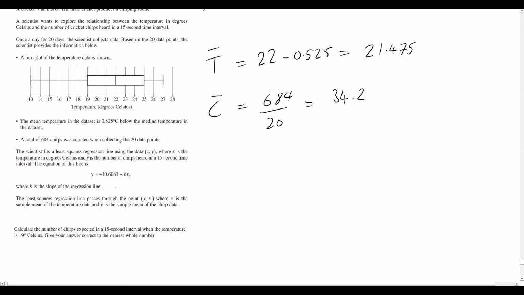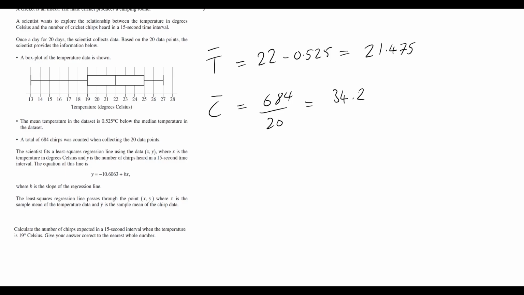The scientist fits a least squares regression line using the data x and y, where x is the temperature in degrees Celsius and y is the number of chirps heard in a 15-second time interval. The equation of the line is y equals minus 10.6063 plus bx, where b is the slope of the regression line.